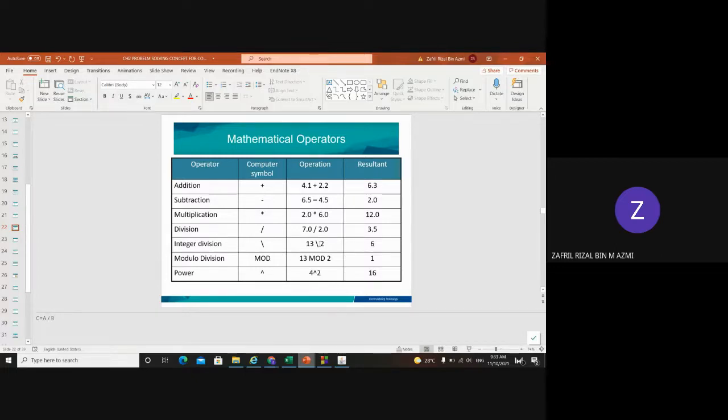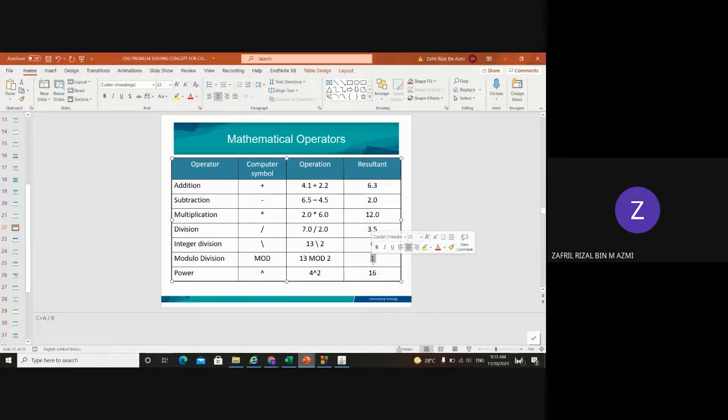Understand? And then modulo is the remainder of the division. So 13 mod 2, you will get the remainder 1, and the answer of the division is 6.